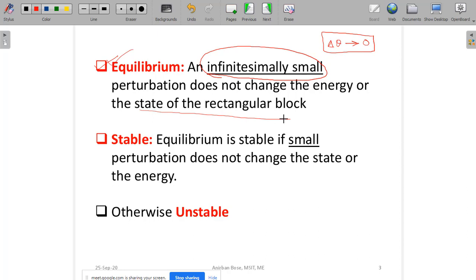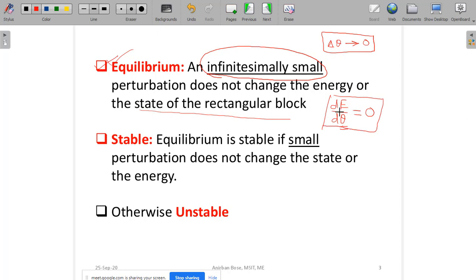And that is true when dE by d theta is equal to 0, where theta represents the configuration. This can be x, this can be theta, whatever you write, but basically with respect to theta, if you make a very small change, the energy is not going to change. So this is the condition of equilibrium.